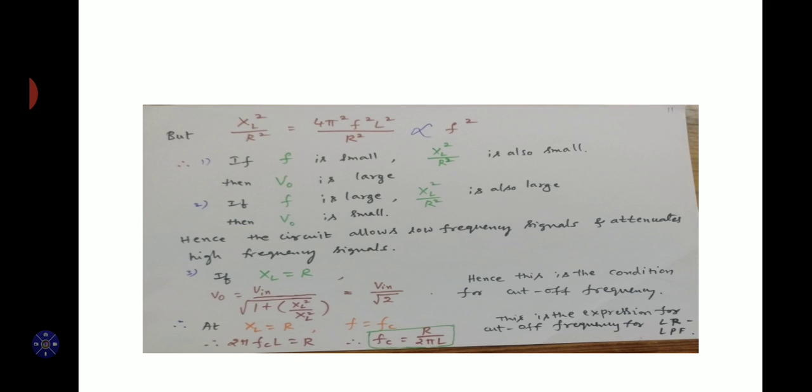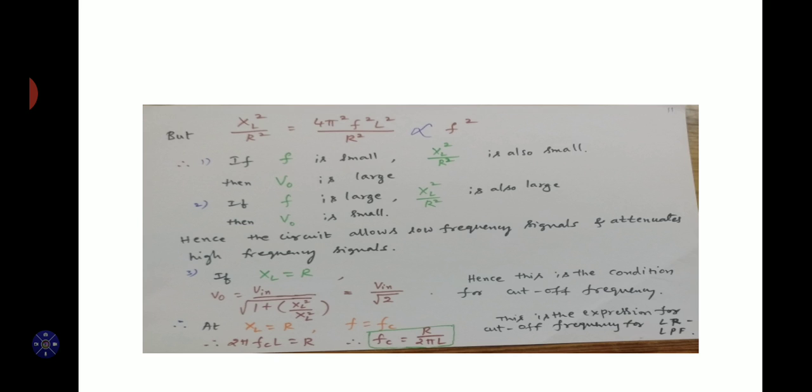Second case, if F is large, that is for the higher frequencies, XL square by R square is also large. Then from equation 2, V0 is small. Hence, the circuit allows low frequency signals and attenuates high frequency signals.